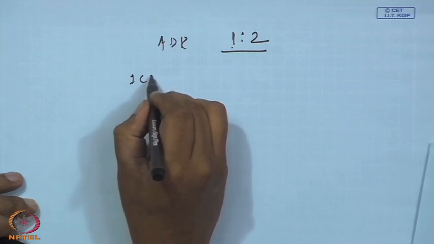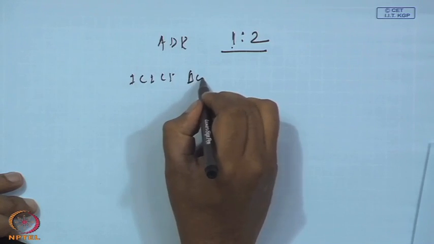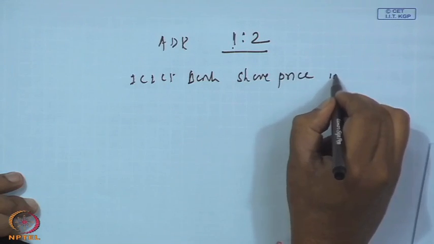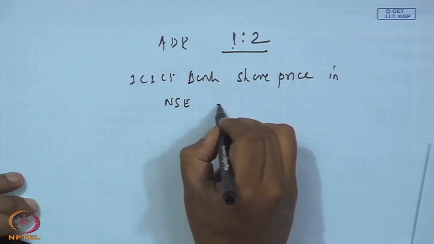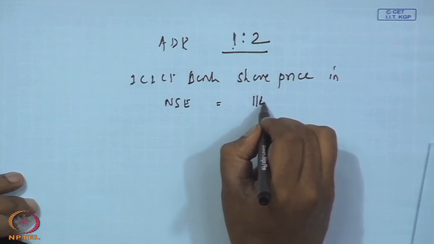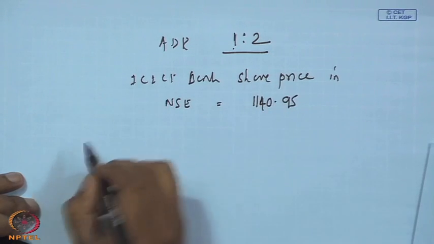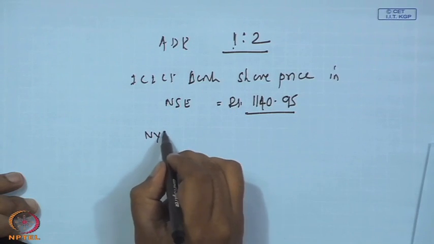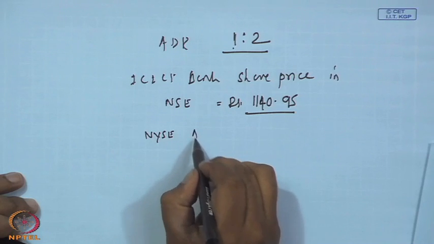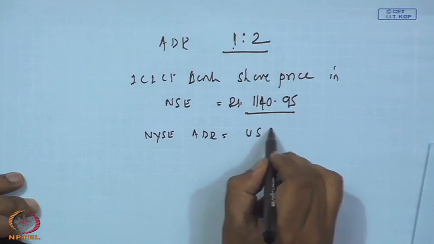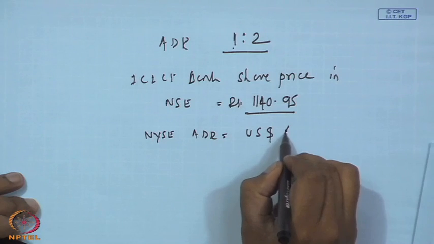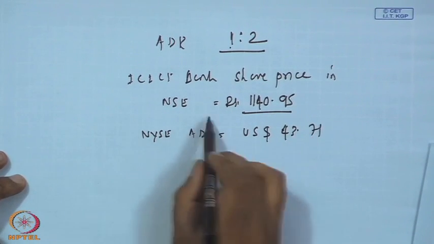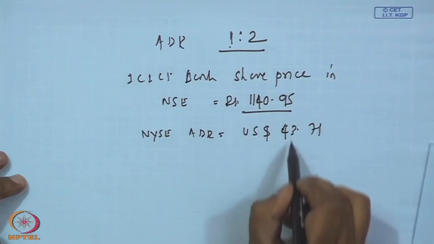ICICI Bank share price in NSE at present is 1140.95 rupees, and in NYSE the ADR price is US dollar 43.71. But 2 equity shares are equivalent to 1 ADR.